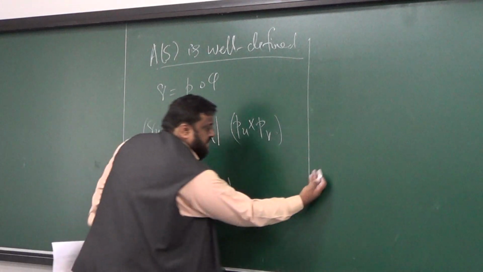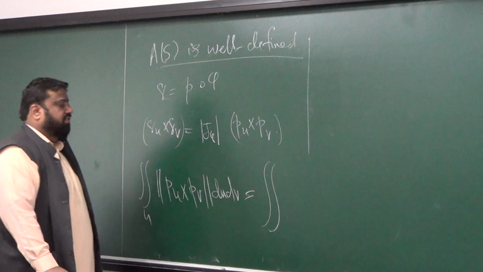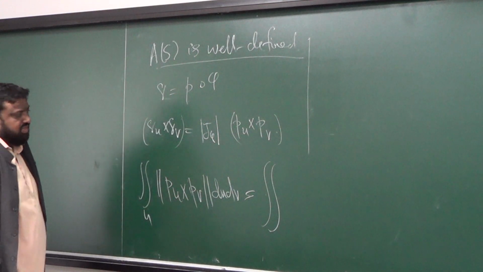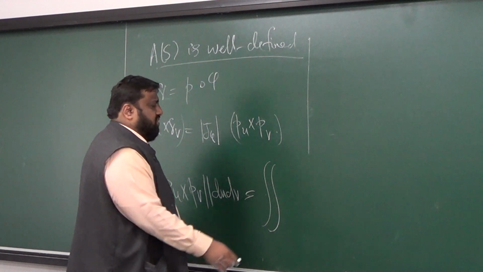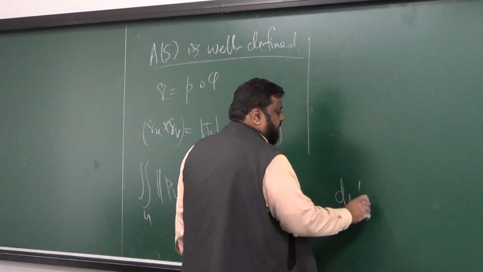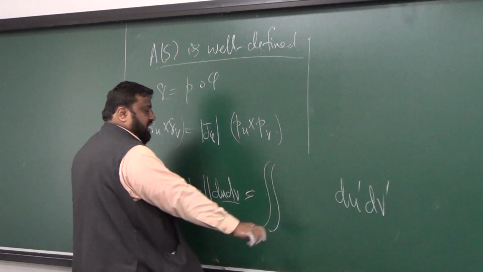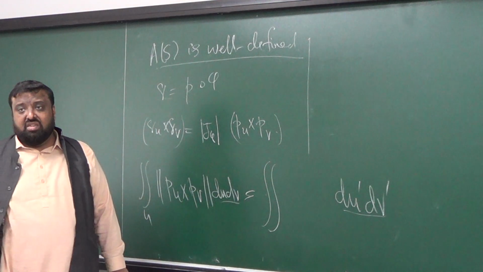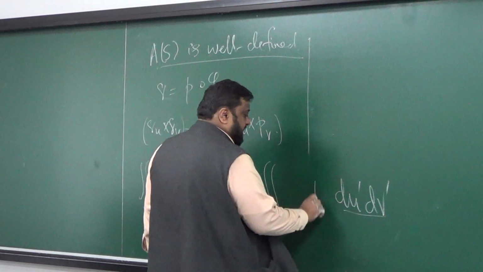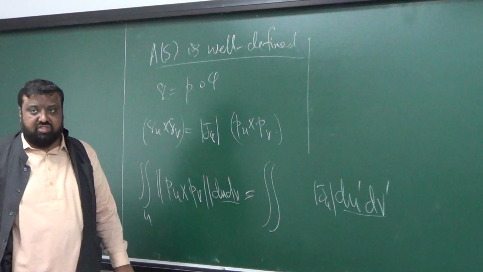So how should this integral be related with, for example, du dv, or maybe you call it du prime and dv prime, it doesn't matter. But how should du and du prime and dv prime be related with each other? So you just need to multiply the determinant of the Jacobian actually, determinant of the Jacobian.